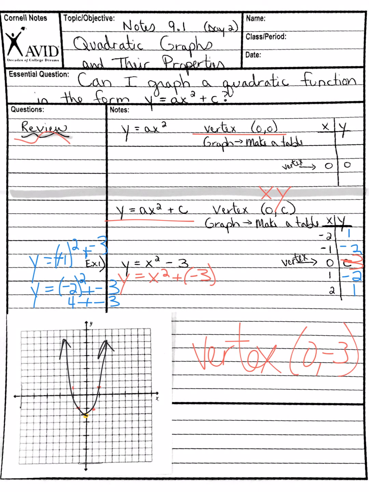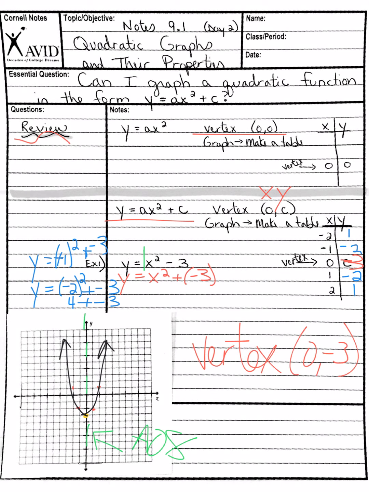We also could identify that the y-axis here is actually our axis of symmetry. We can identify that our a, if we look back to our original equation, is positive 1. It's not written, so we know it's positive 1, which relates to our graph.